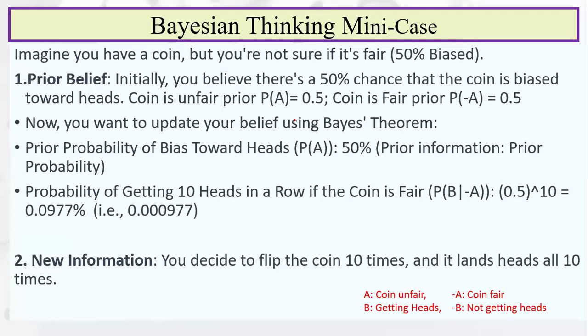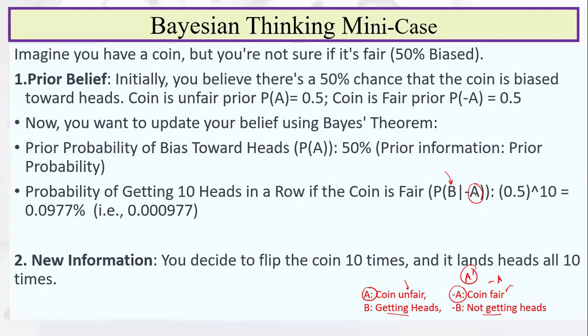And the total probability. So let's take an example here. A fair coin you're taking. I want to say A is an unfair coin, and A dash, or minus A, is the complement. That means if it is an unfair coin, this will be a fair coin. So this is the probability of getting heads, not getting heads, given that it is a fair coin.